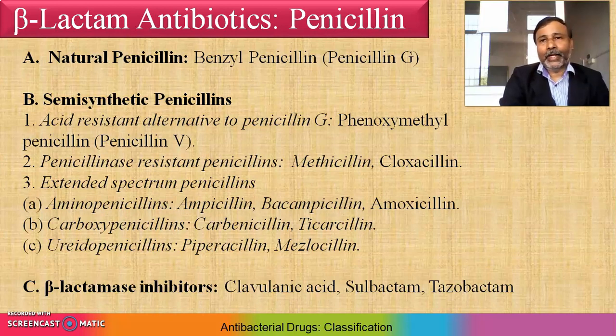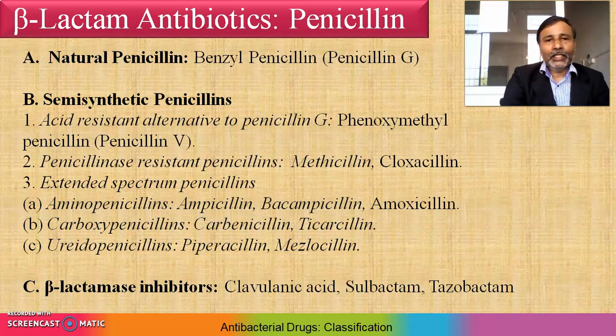Here again it categorizes into three subtypes. A, that is aminopenicillin. Examples, ampicillin, dicloxacillin, and amoxicillin. B, carboxypenicillin, carbenicillin, then ticarcillin. Then ureidopenicillin, that is piperacillin and mezlocillin. So these are the three subtypes of extended spectrum penicillin.